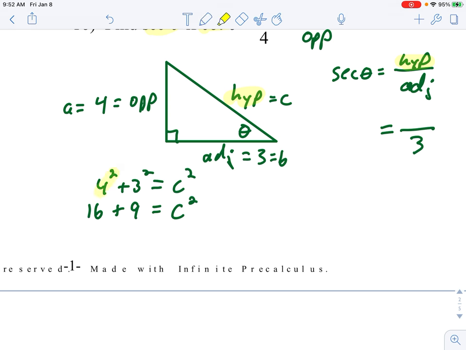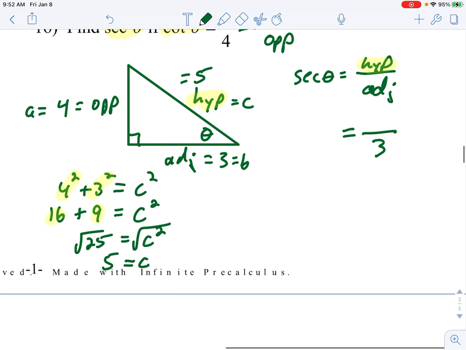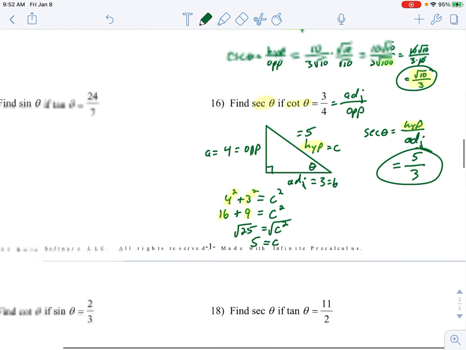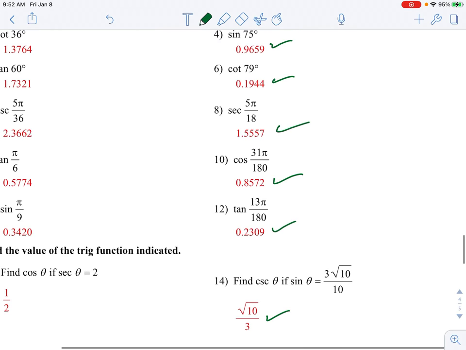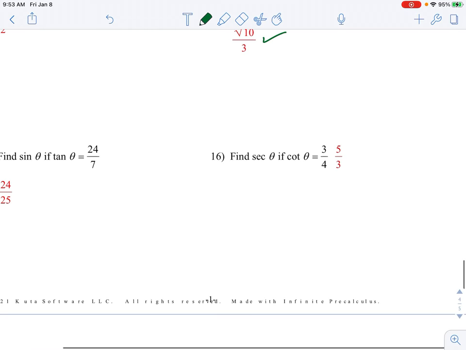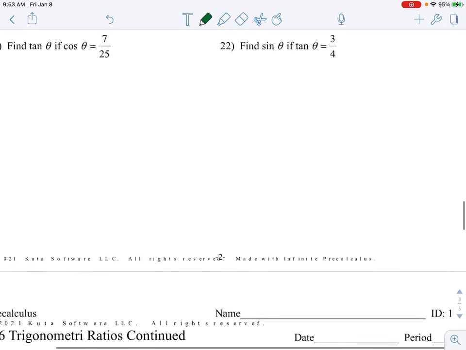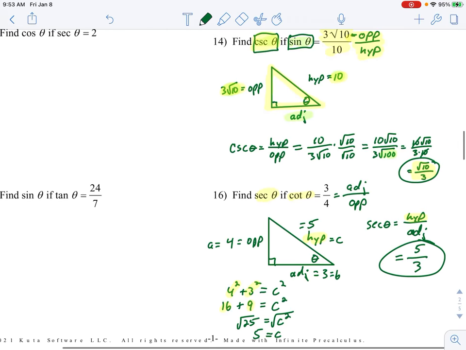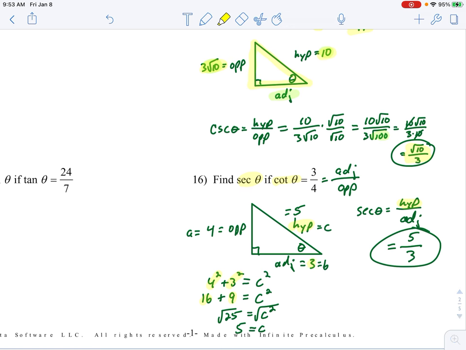So 4 squared is 16, 3 squared is 9, 16 plus 9 is 25. You square root both sides, the square root of 25 equals 5. So the hypotenuse equals 5. 5/3 is the answer to number 16. Where is it? There we go, right there. So it's called a 3, 4, 5 triangle because the sides work out to be 3, 4, and 5.